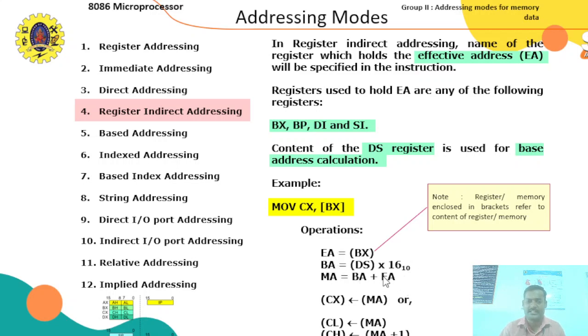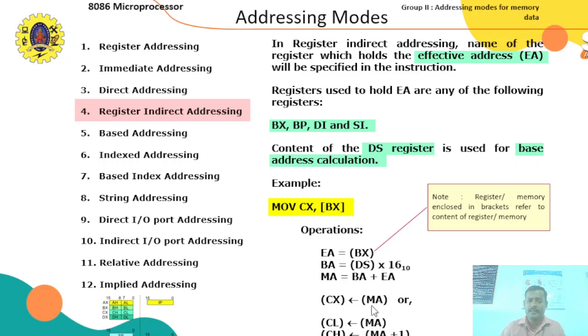Same physical address generation concept. So the physical address is equal to base address into 16 plus effective address. Simply, the data segment into hexadecimal 10 plus the corresponding register value will be considered as the physical address. The content present in that particular location will be moved to the CX register.